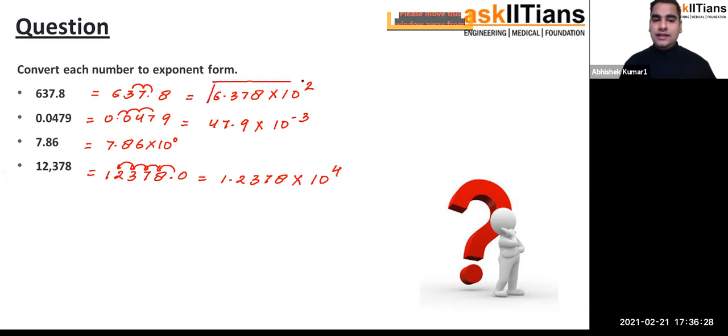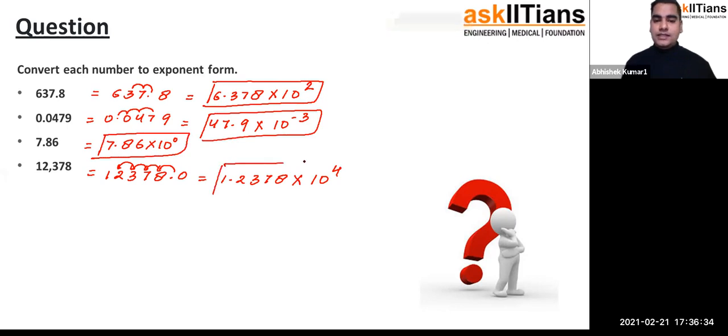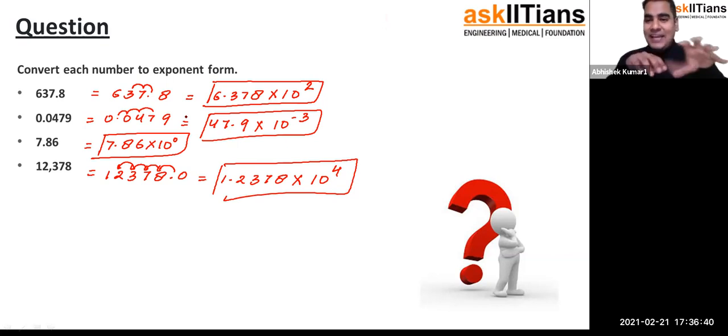So this is the standard form for the first case. This is the standard form for the second one. This is for the third one, and this is the standard form for the fourth one. So like we are done. You can go through all the four cases and you will see how easy it is. Ask me if you have any query, guys.